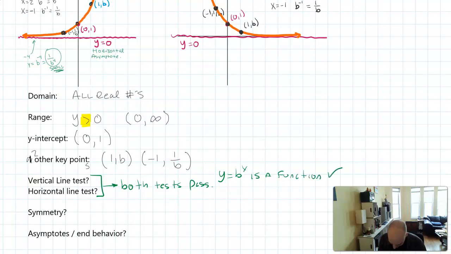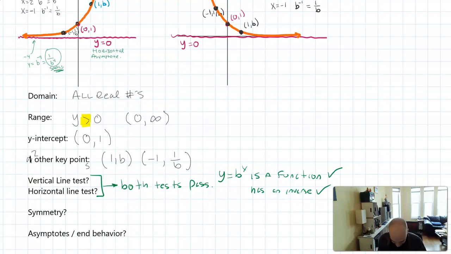And it has an inverse. If you are paying careful attention in your previous math classes, you might already know what that inverse is. It's y equals the log base b of x. So we will be eventually, when we talk about inverse functions, thinking about the logarithm as the inverse of the exponential function. But that comes later.